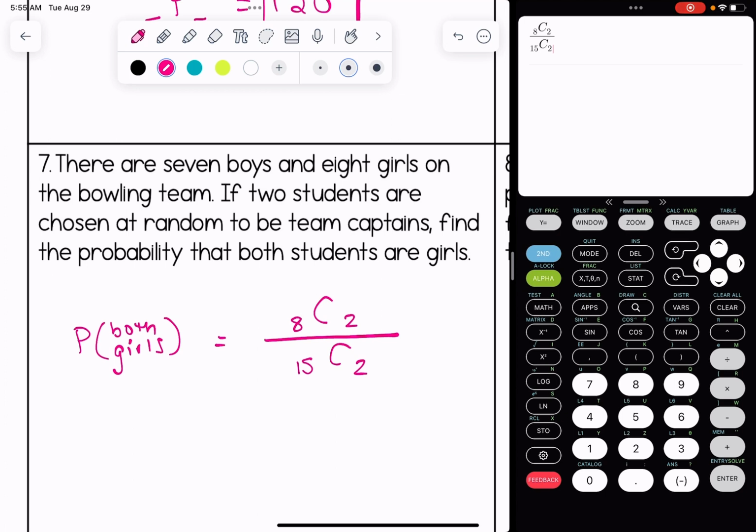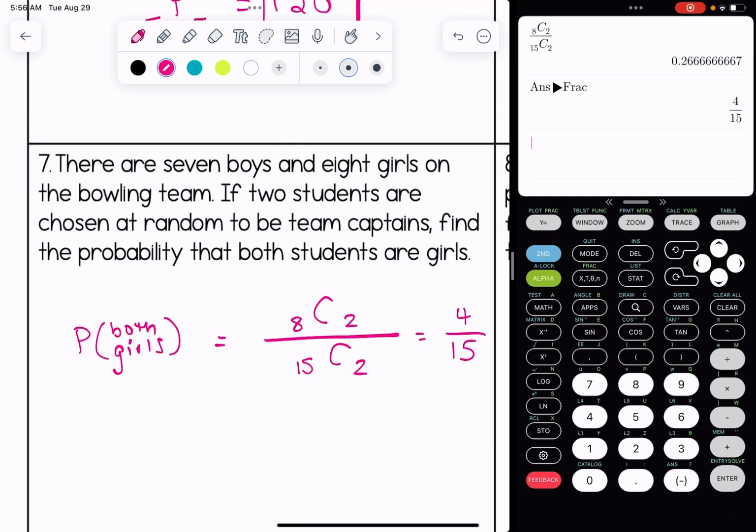And hit enter. And then I'm just going to convert this to a fraction. And I get my answer to be 4/15 as the probability that both are girls.